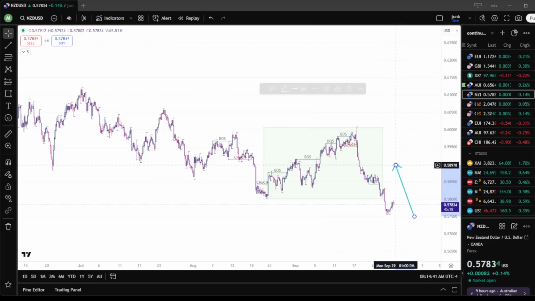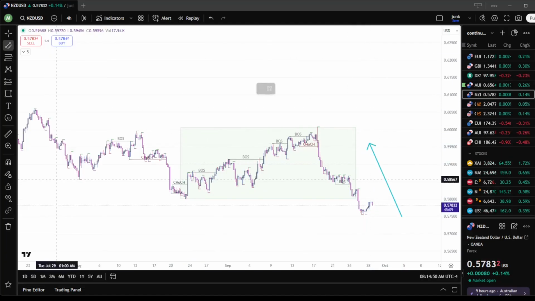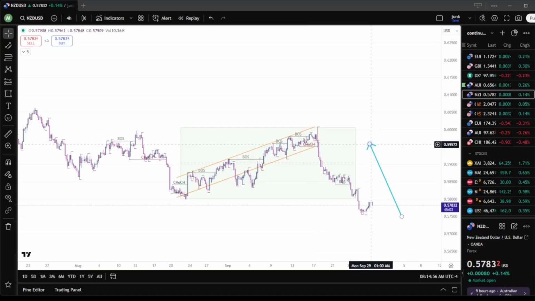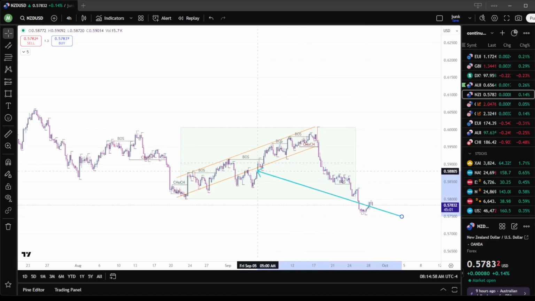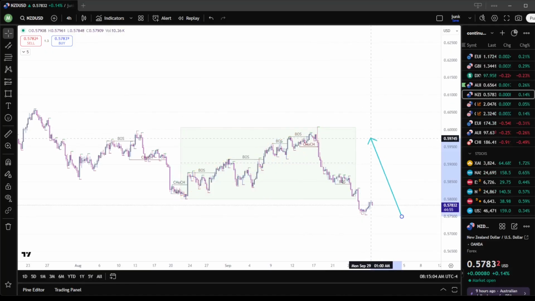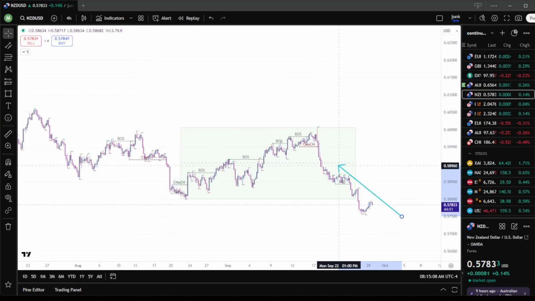But as you can see now, looks like this whole area was just engineered in order to build liquidity in this ascending channel. And of course, it was always building liquidity when there is an ascending channel like that, building liquidity sitting under these lows. And it looks like all this did was sweep these lows, sweep these highs, and then push down further.